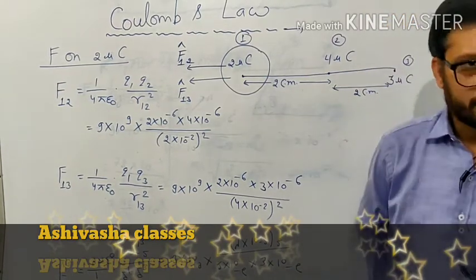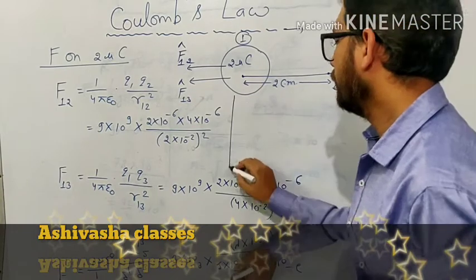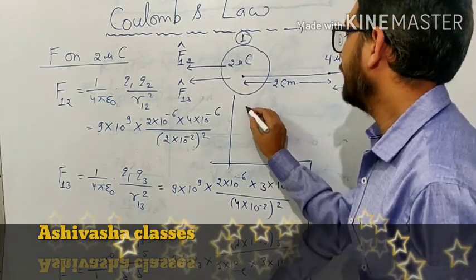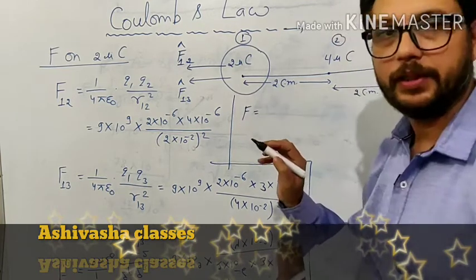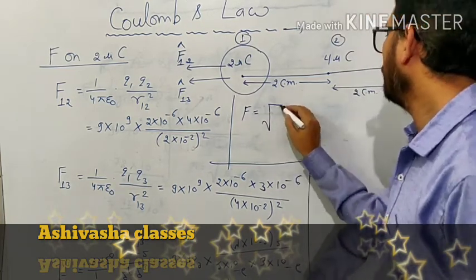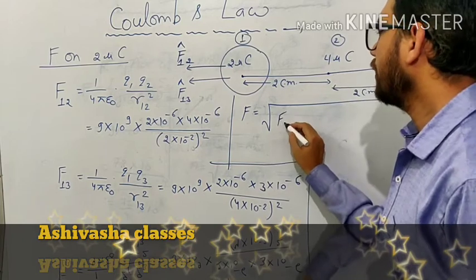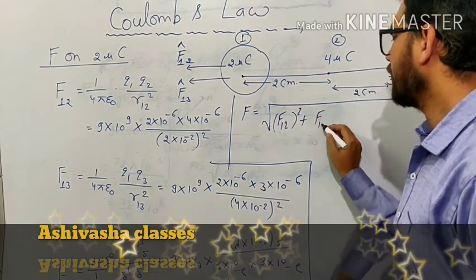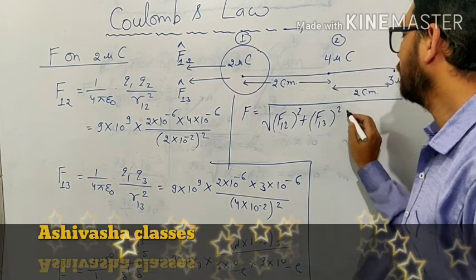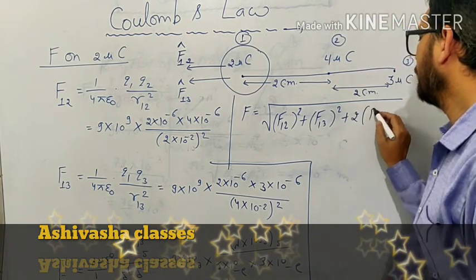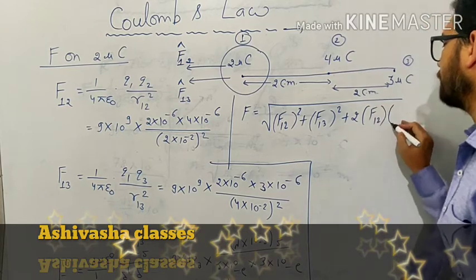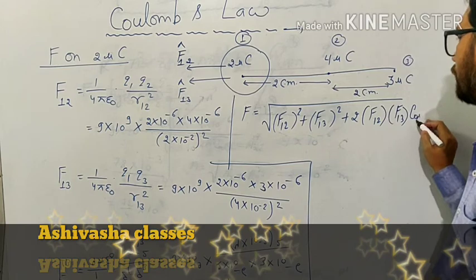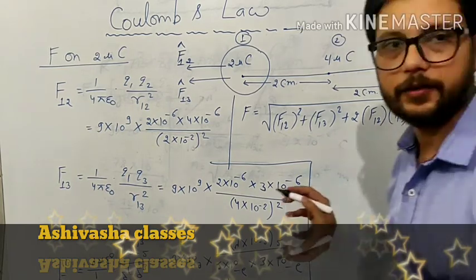So here I am going to show you how to apply the resultant. The resultant force F can be written as under root F12 square plus F13 square plus 2 F12 F13 cos 0 degree.